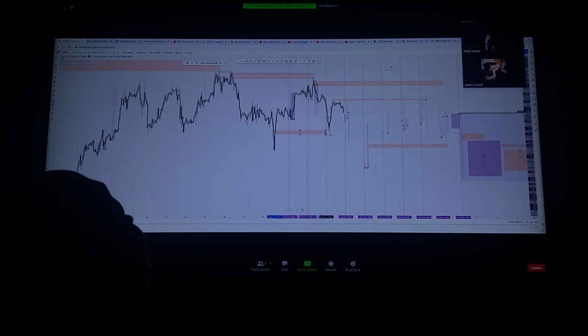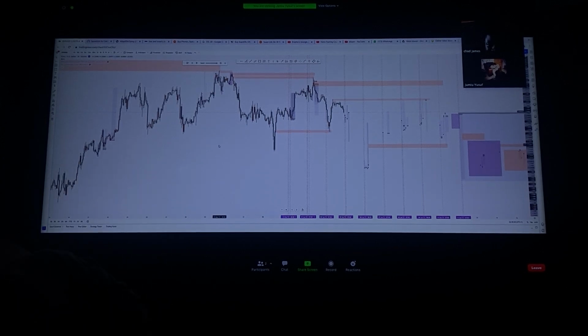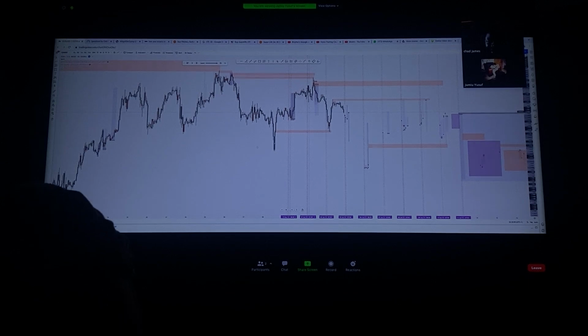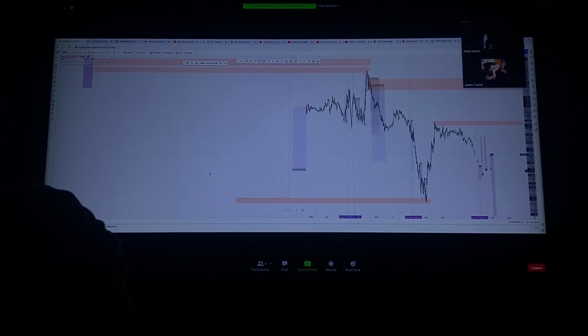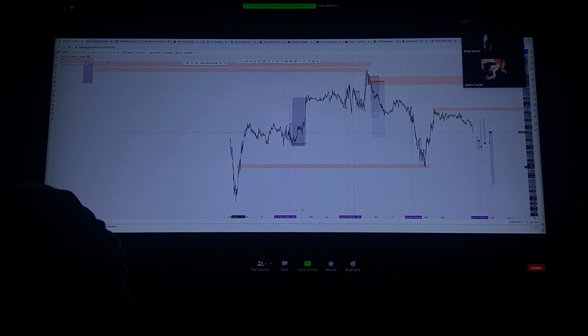It looks like just an imbalance. Oh, okay, I see. That's what we call hidden demand and hidden supply. See this one that's here? There is demand here, but don't worry. You don't need to know how deep that is. Just come to 5 minutes. You will see that there is another block there. Okay, I see.